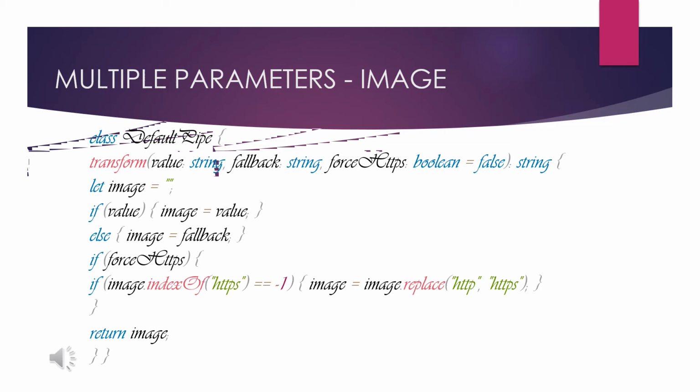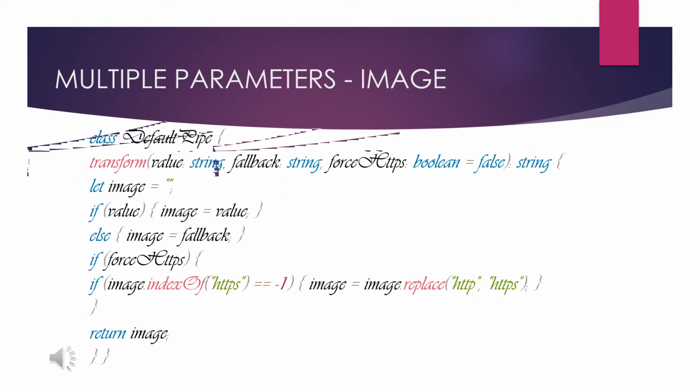So I'm declaring an image, and if the given value is available, then image will be set to the value, or else fallback will be set to it. And if force https is true, so the default was false, but if it is given true, then it will go to this if condition.